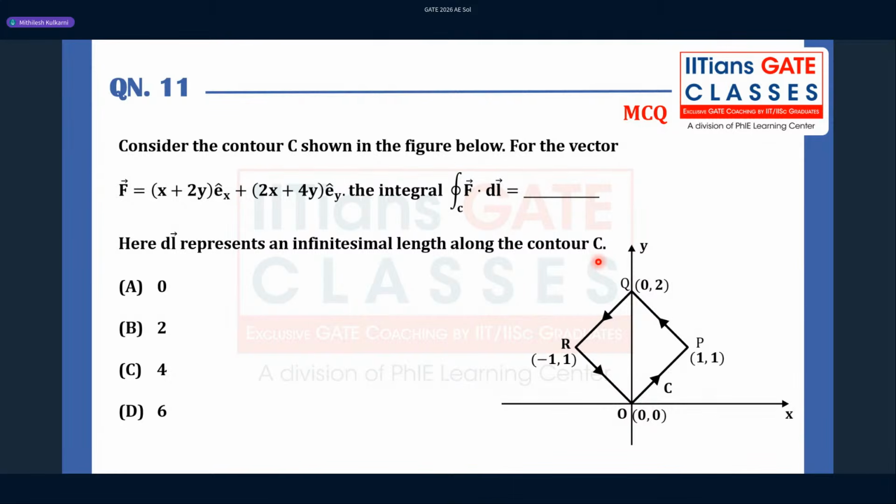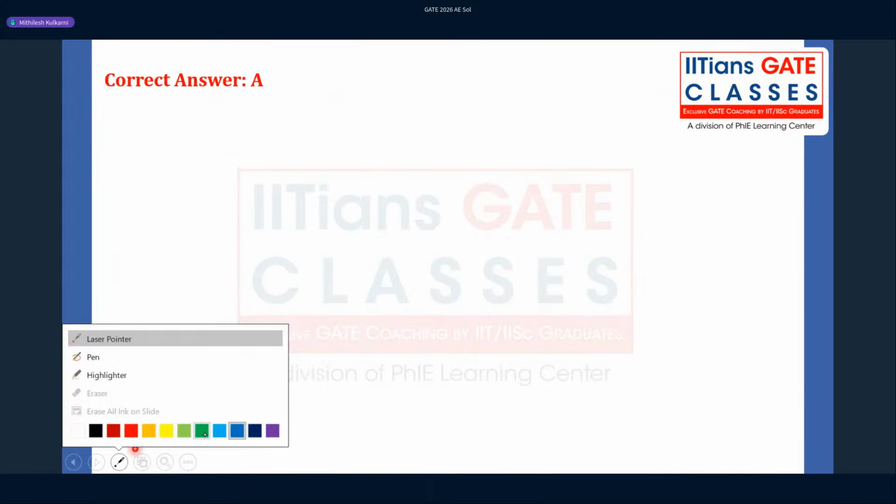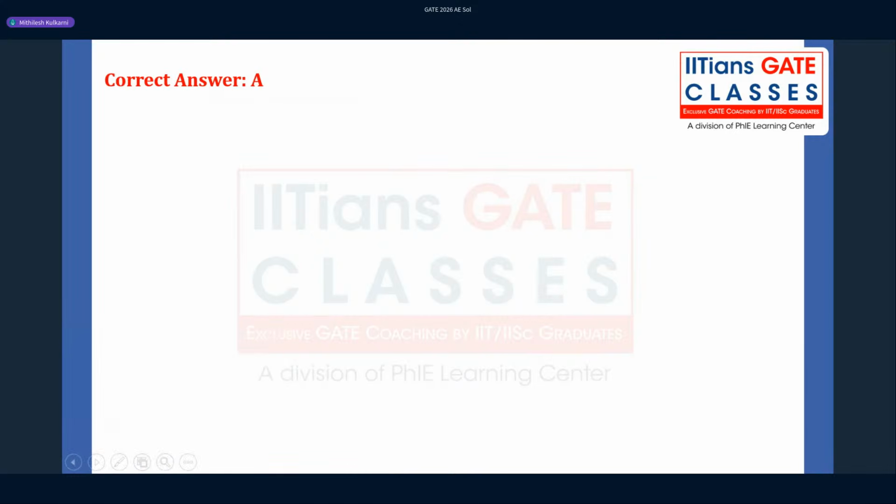So let's try to solve this question. This is from integration over a closed curve C. The correct answer for this question is option A, and let's see how we get it. This problem can be solved by Green's theorem.